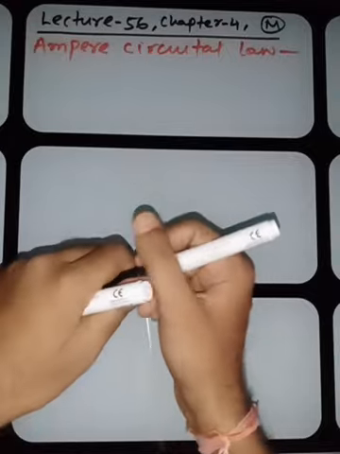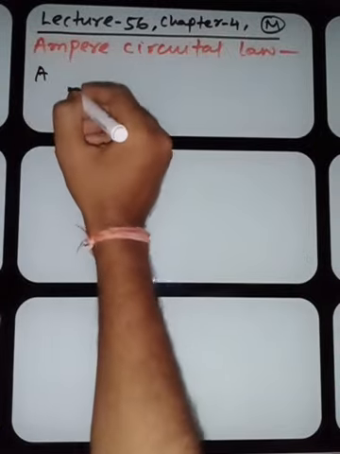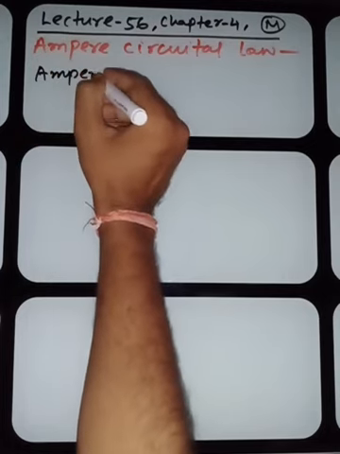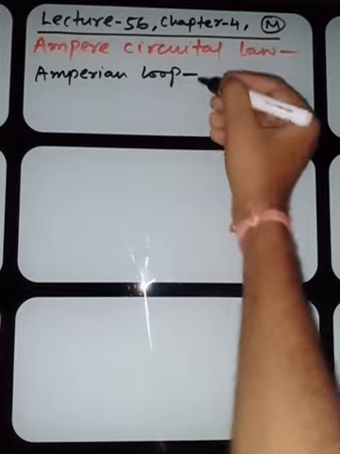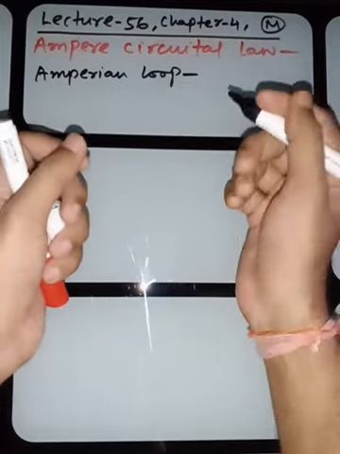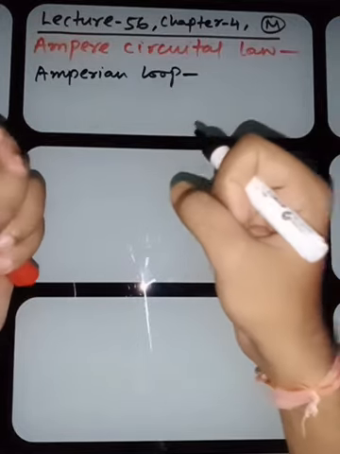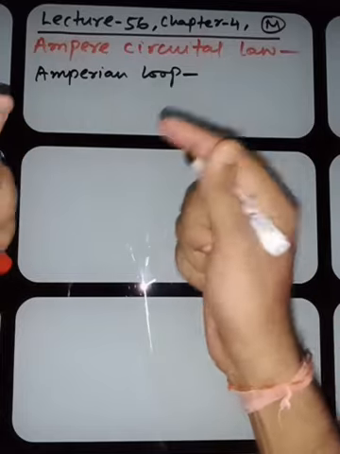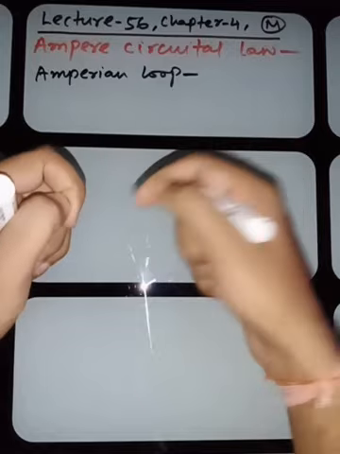The first thing to know is the Amperian loop, just as we studied the Gaussian surface. What is this Amperian loop, my dear students? Remember, the Amperian loop is an imaginary circuit or loop that will enclose the current element entirely.